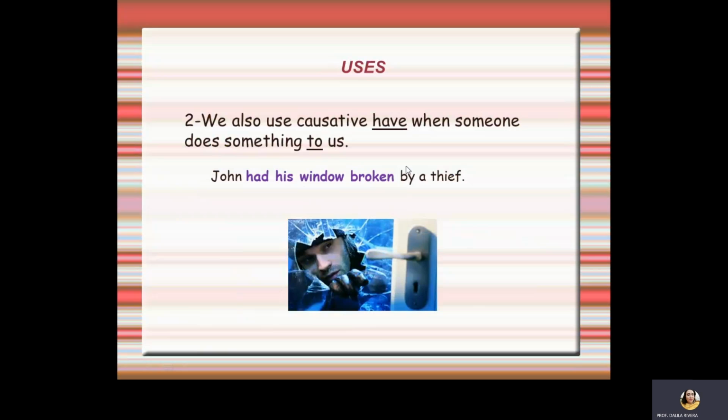Another use of this is when someone does something to us. For example, you can say, John had his window broken by a thief. This is another use. We're not going to focus too much on this use because we're going to focus on the first one we checked.